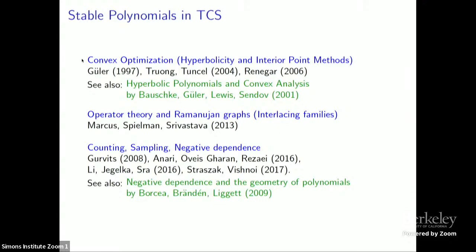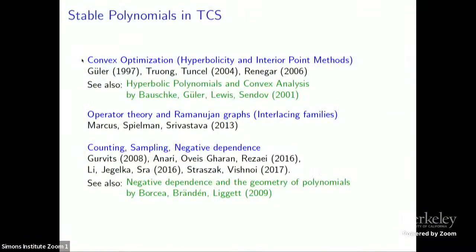This was pioneered by Güler, and Jim Renegar pushed the theory to the state of the art, where to such a polynomial one can associate a convex cone and do linear optimization over this convex cone very quickly. And the feature that makes these algorithms work well is exactly this real rootedness property, which is somewhat remarkable.